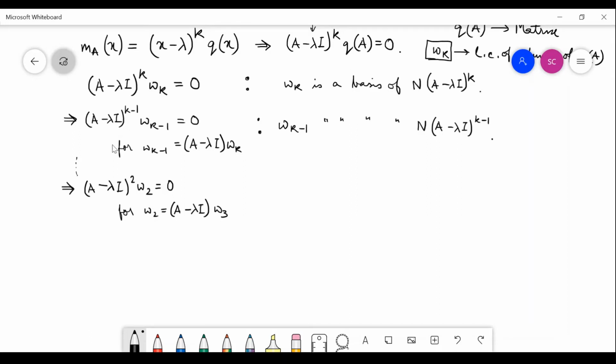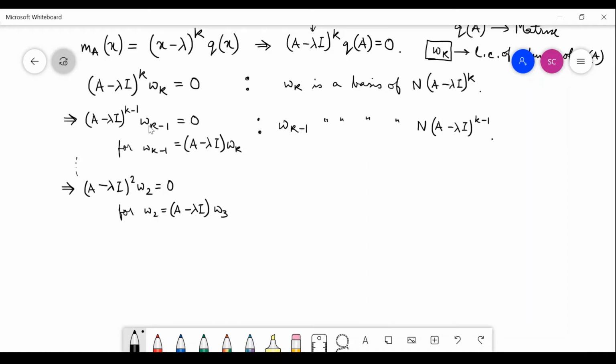For the next step, you can see what I am doing at every step: I am taking A minus lambda I out of this bracket, and then I have A minus lambda I to the power k minus 2 in the next step, along with A minus lambda I omega k minus 1, which I write as omega k minus 2.